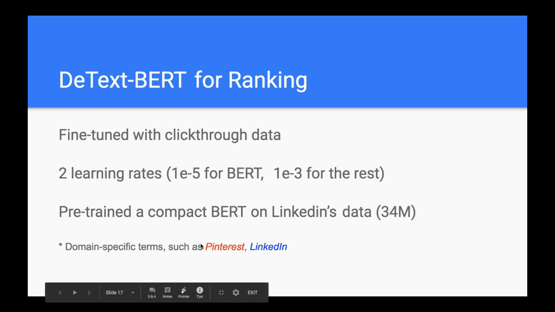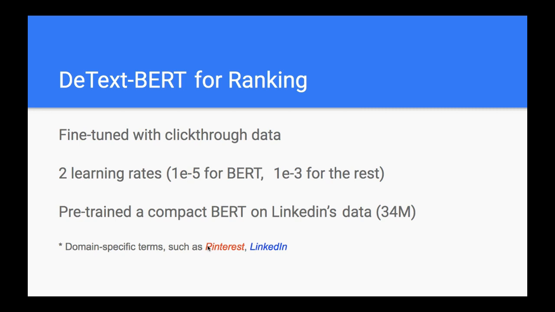For example, Pinterest and LinkedIn are not in the vocabulary of the off-the-shelf BERT. So that's why they pre-train their own BERT on LinkedIn data, and they also use a smaller number of parameters. Basically, if I'm not wrong, it's a 6-layer BERT with fewer attention heads, and they get better results than the larger BERT while only using 1/3 of the parameters of the BERT-base model.